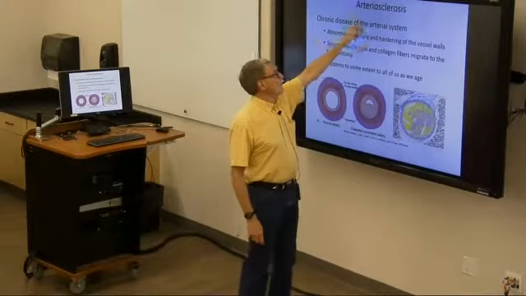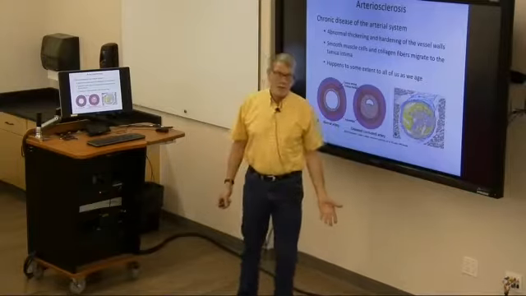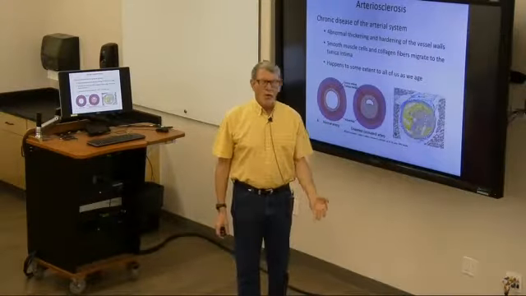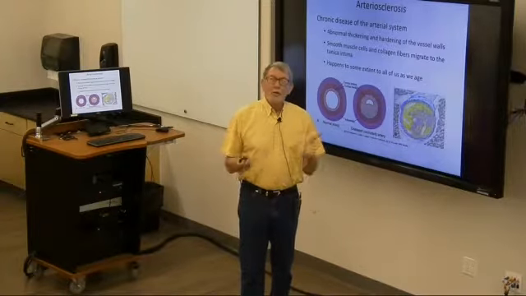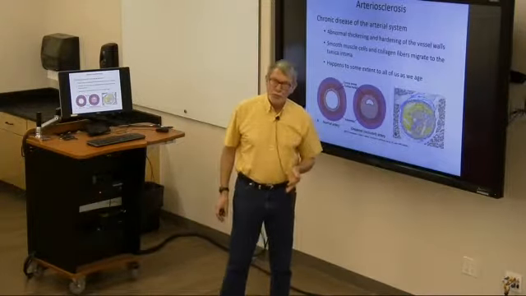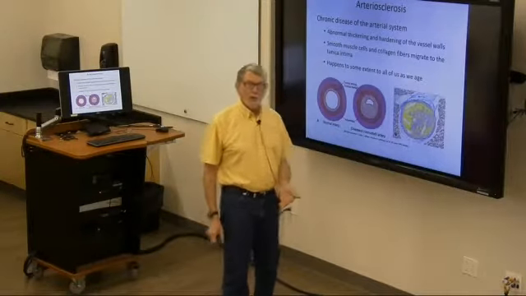Your arteries are getting hard. Hardening of the arteries. It happens to everybody when they get old. Their arteries get harder. They don't stretch as well, so it doesn't control your blood pressure as well. They don't allow blood flow quite as well as they did when you were young.